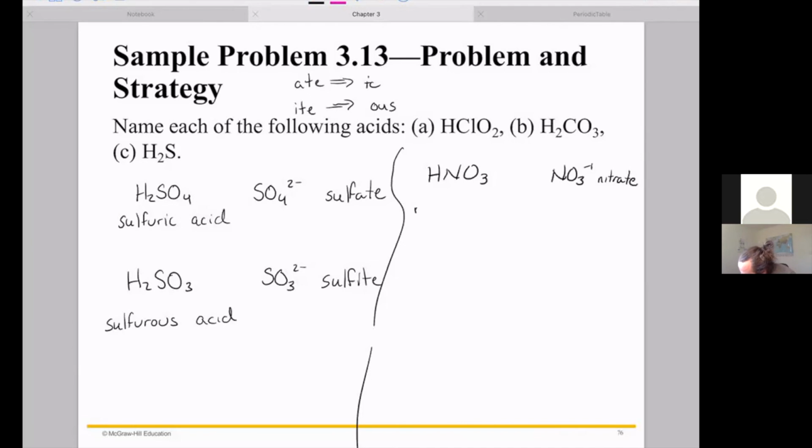So this is nitric acid. But then what if I asked you for HNO2? Well, NO2 minus 1, again, we've got to remember that rule. If I'm decreasing the number of oxygens but everything else stays the same, this would be a nitrite ion. And then just like ates go to ic, ites go to ous. So this would be nitrous acid.